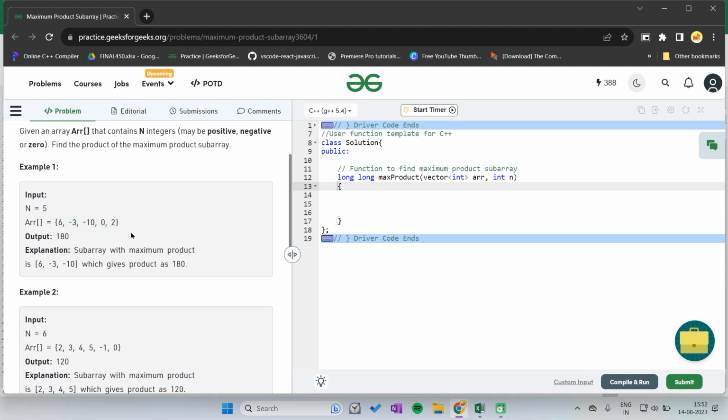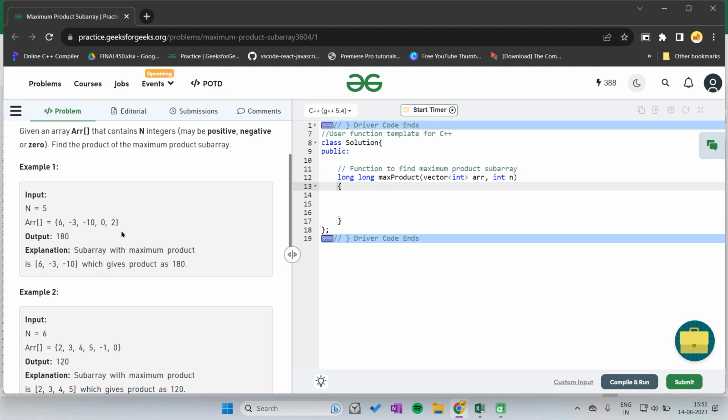Or if there is an even number of negative values, then they cancel each other's sign and become positive, and the product of all the values is the answer. But if there is an odd number of negative values, then we have to take till an even number of them, because one negative value will reduce our answer.